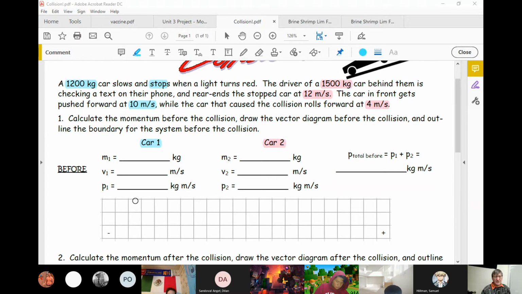You should be done with the math and with the vector diagram. Don't forget to draw the boundary of the system.